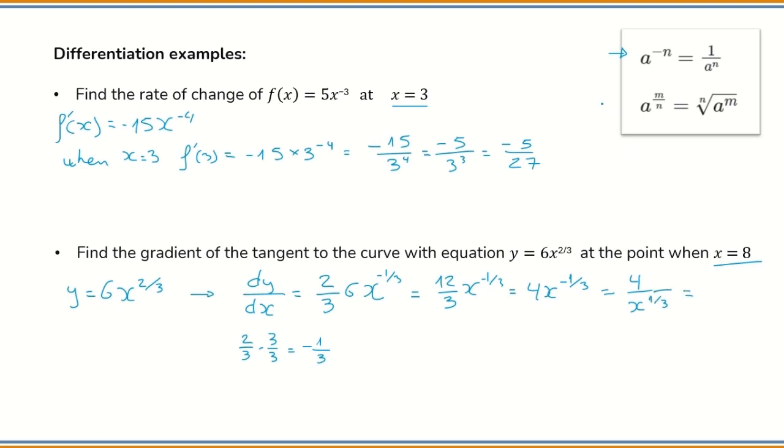And now I can apply this law of indices, and this is 4 over the cubic root of x. When x is 8, 4 divided by the cubic root of 8, and this is 4 over 2, which is 2.